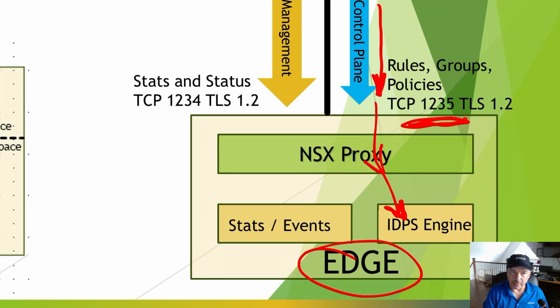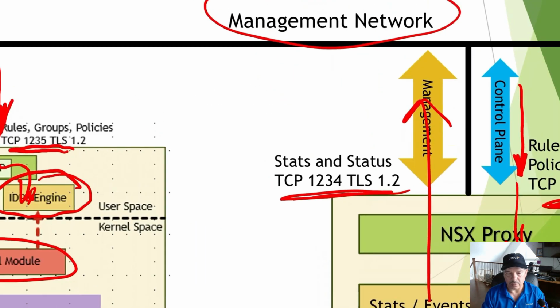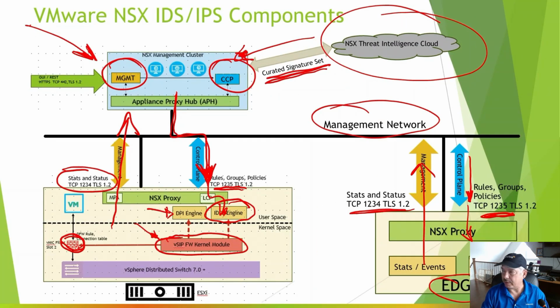Same kind of thing as the ESXi host. Again, stats and events, like how often did that rule get hit, go back up through management over port 1234. So that's what it is in a quick nutshell. This all occurs over your management network, pushing stuff down, not over your data network. I think that's about it.